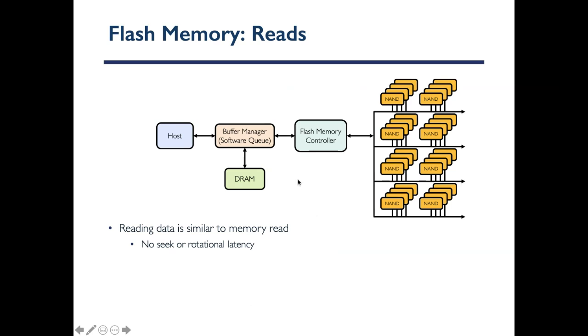You basically have a buffer that your requests come into, and then your flash memory controller dequeues from this buffer and goes to the page that corresponds to the address for these requests, and then reads that page and sends the data back to the processor.